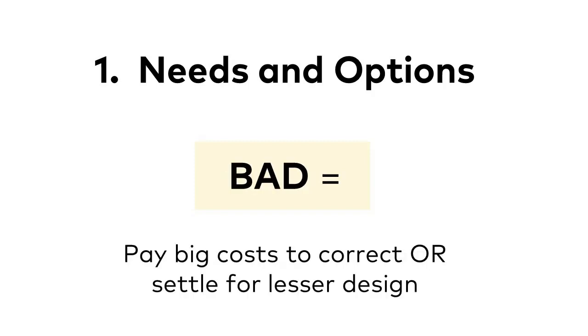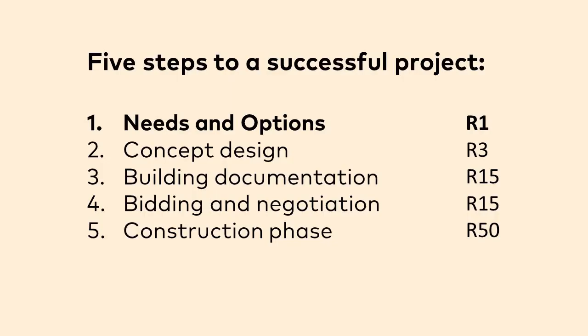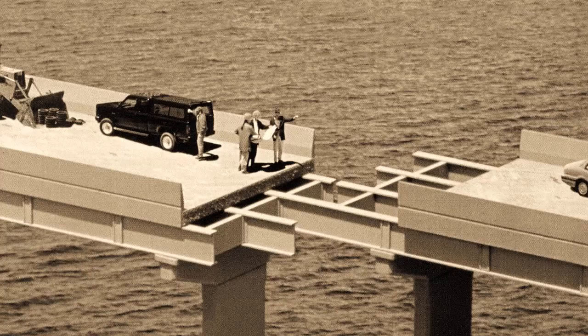Make your discoveries late and you pay exponentially more, or worse, live in a house where you settled for a lesser option. Here is an indication of how costs change the later you make changes. Here's a picture that tells 1,000 words. With the needs and options review, you will never have to utter those tragic words, "If only I had known."